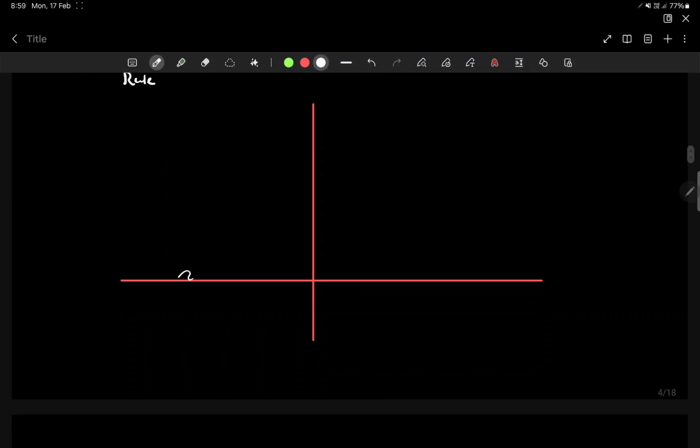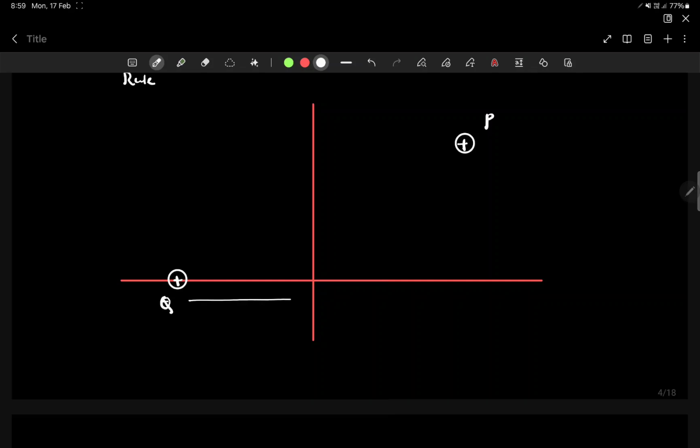Here is our charged particle Q, and another particle at a distance, here, is the charged particle P.